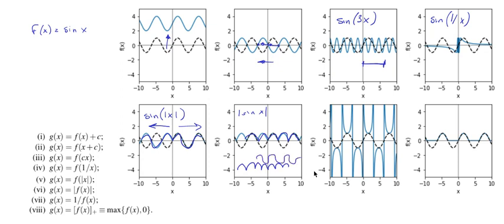Okay, now this is interesting. This is 1 over the sine of x. This means that when the sine of x goes to 0, then this goes to infinity. These are the zeros, and you have an asymptote here.